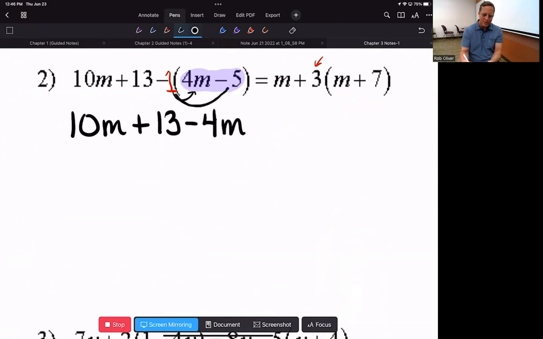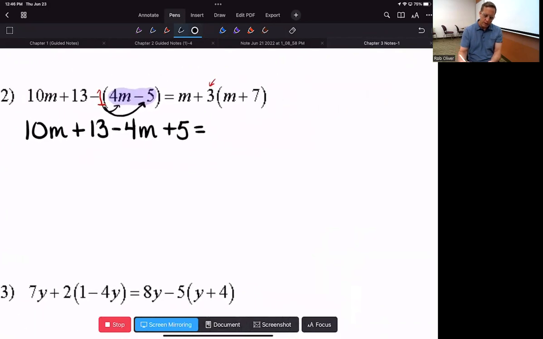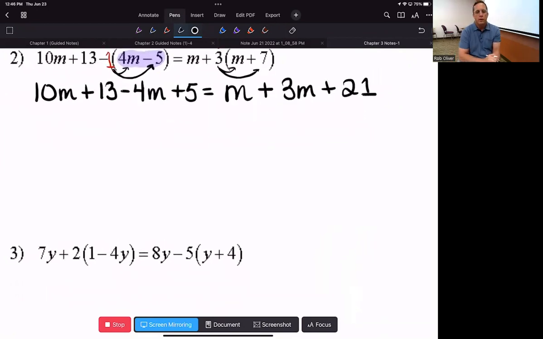And -1 times -5, a negative times a negative, is going to make +5, equals, all right, drop down the m, plus, and then 3 times m is 3m, and 3 times 7 is 21. Okay, so now we have 10m plus 13 minus 4m plus 5 equals m plus 3m plus 21.